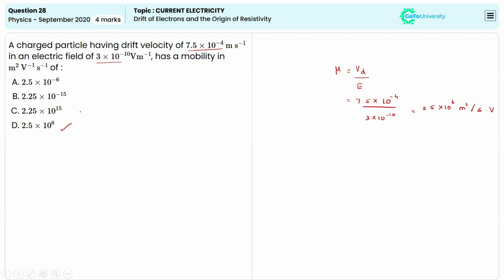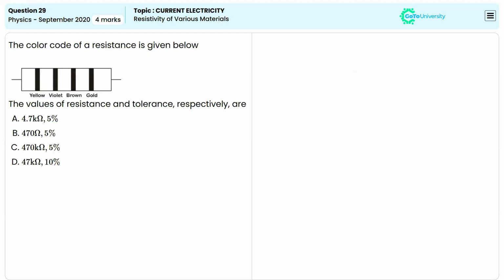Yes, very good. You people did good work. Okay, I'm moving to the next question. Here the question is again regarding the color code. It's a very easy question. I'm giving 2 minutes for you people. You can just answer me which option is correct.